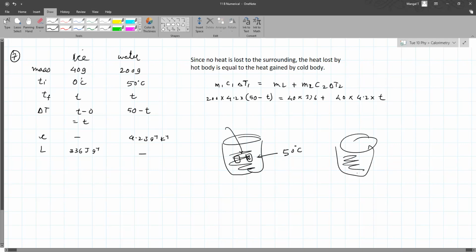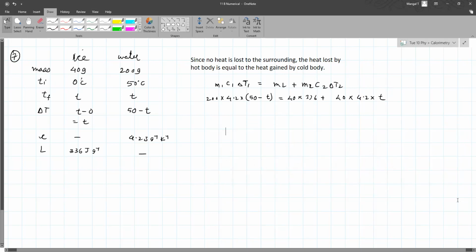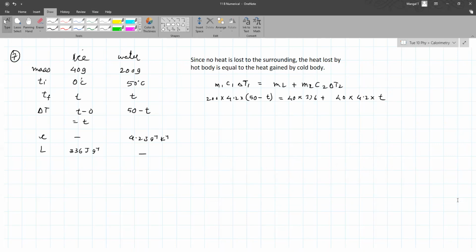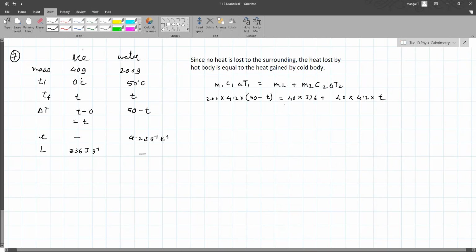Everything will turn into water, and the final temperature is 10 degree. So 50 degree water has become 10 degree. What happens to the ice? Okay, so the change of state. First it will change to water at 0 degree, and then it becomes water at 10 degree. No? Yes, sir. Okay.